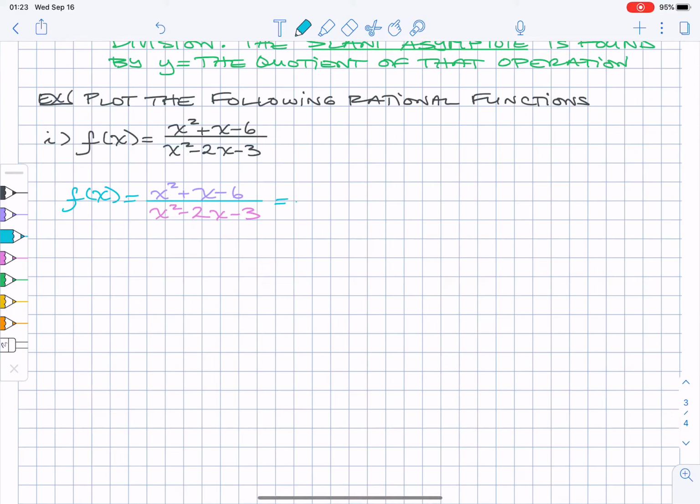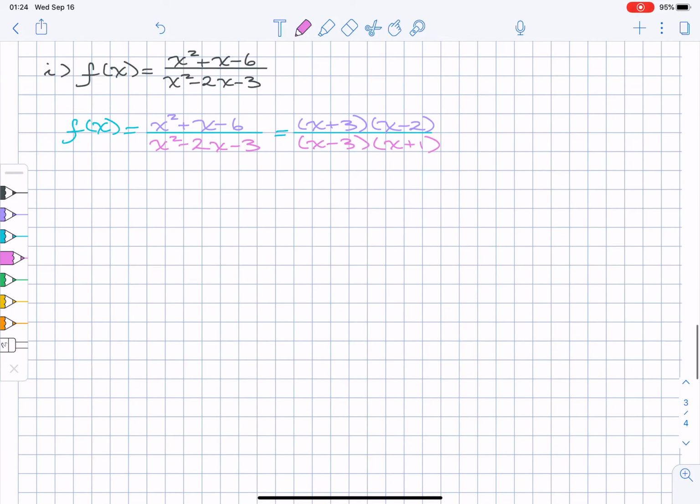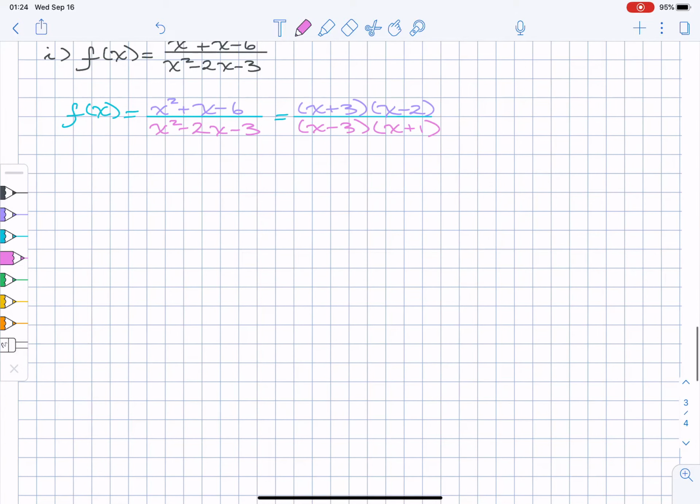So when factored, this will be x plus 3 times x minus 2 in the numerator, and in the denominator, x minus 3 times x plus 1. Okay, so let's see what we have. I claim that my x-intercepts will be at -3 and +2, namely the roots of the numerator.